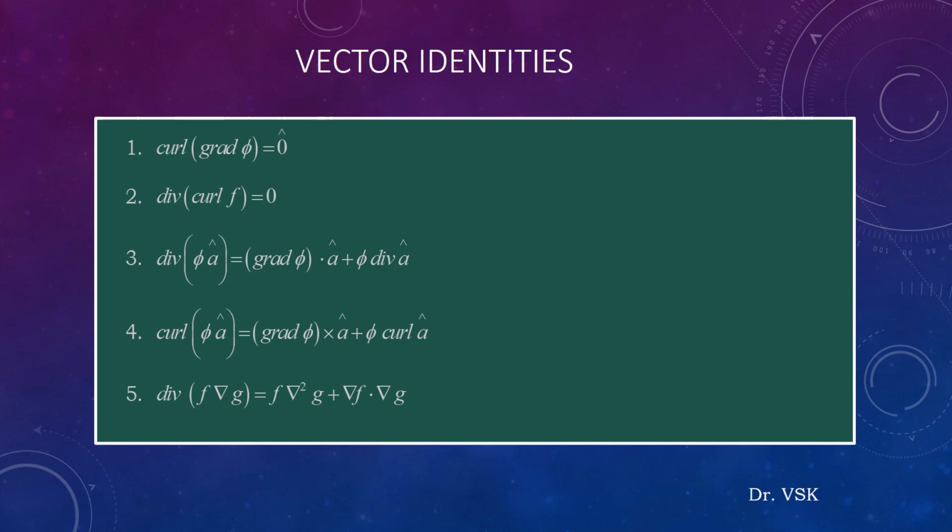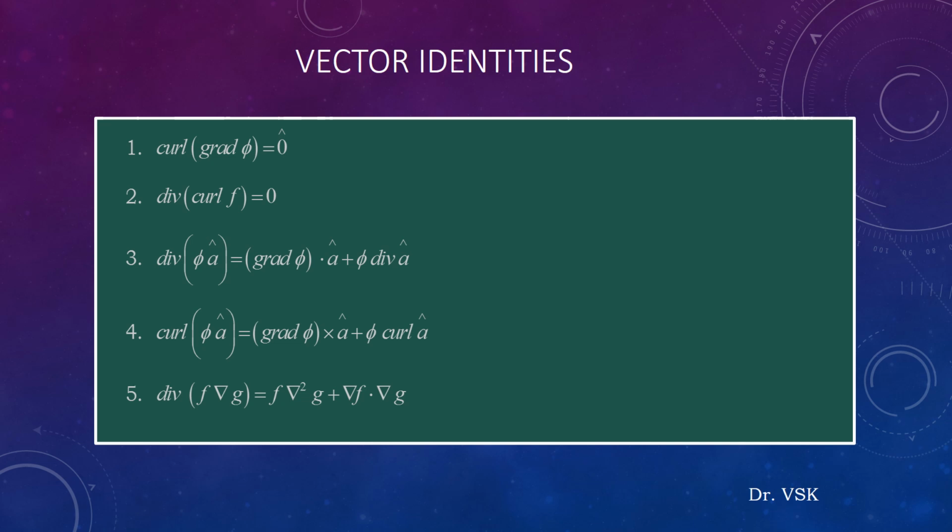So div curl f equals 0. I have also proved this vector identity in my previous lectures, in part 5. So, first two vector identities are already proved.